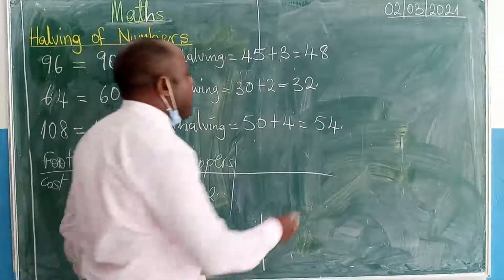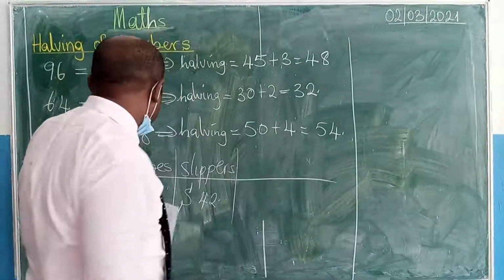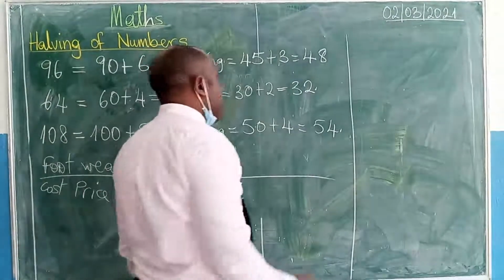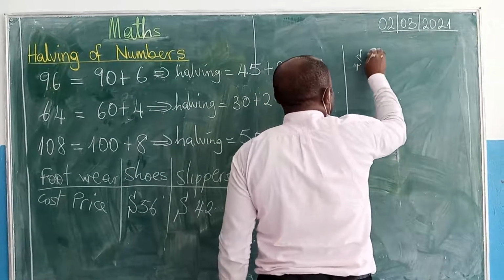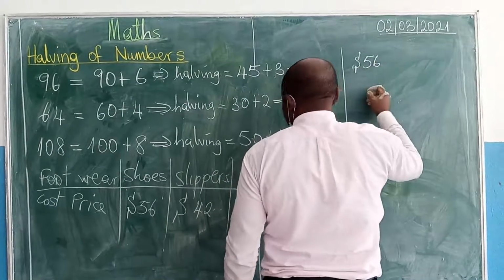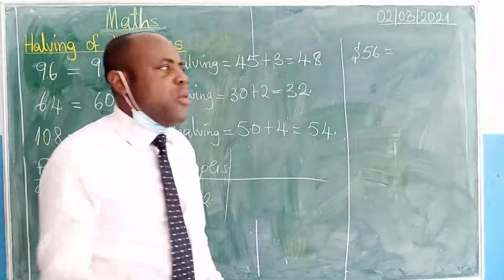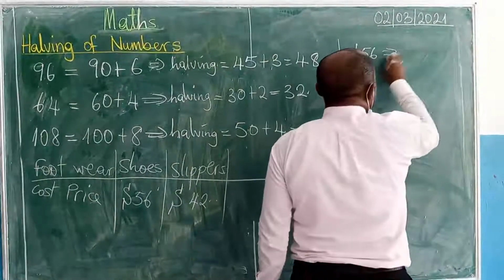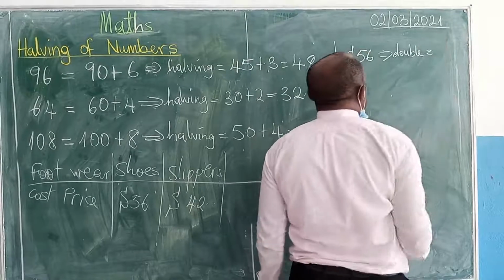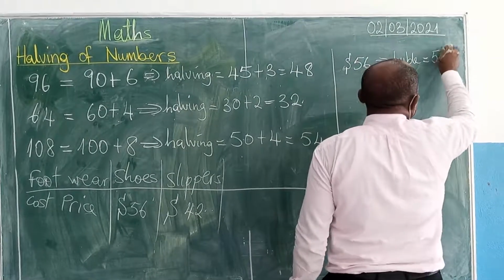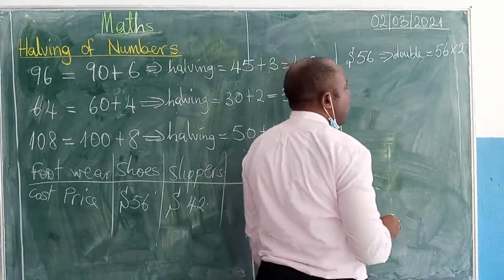So let's do the example here. The cost price of the shoe is $56, and the price for double will be equal to 56 times 2. Again, we go to our rough column.